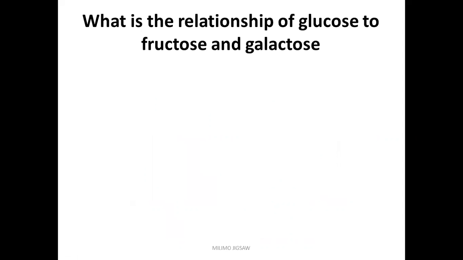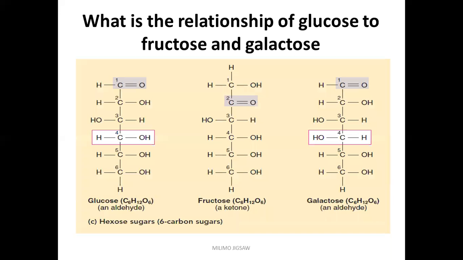Now what is the relationship of glucose to fructose and also to galactose? Remember I said that conventionally we start counting at the carbonyl group, or nearest the carbonyl group.